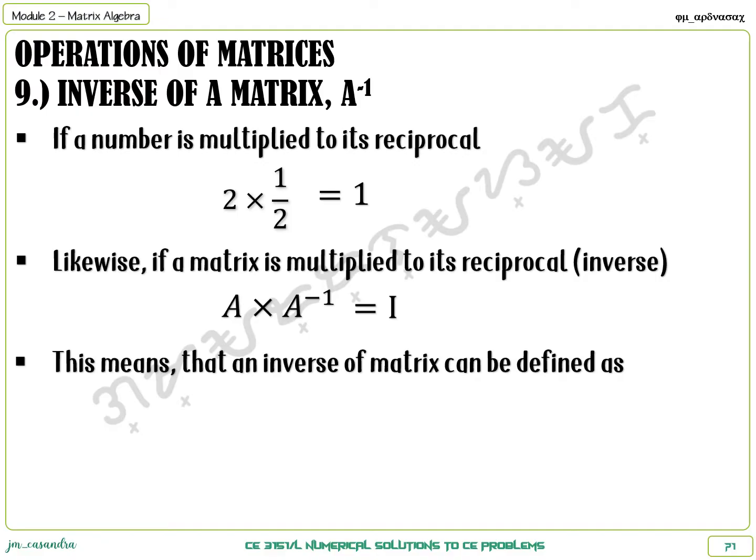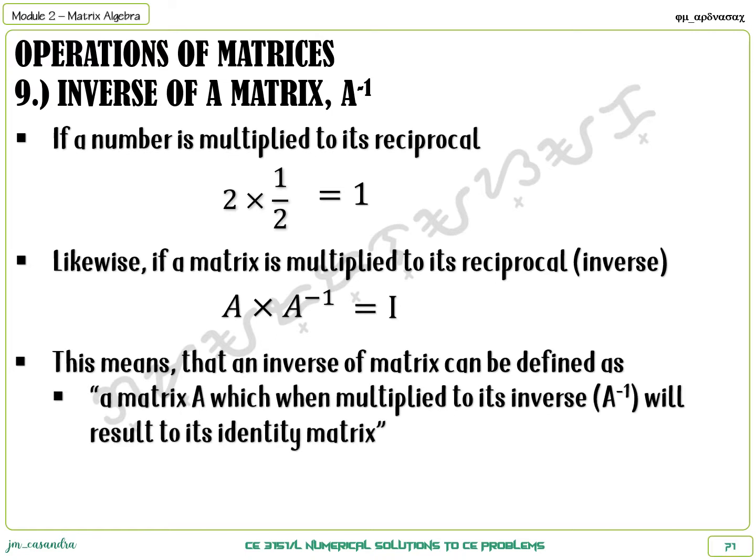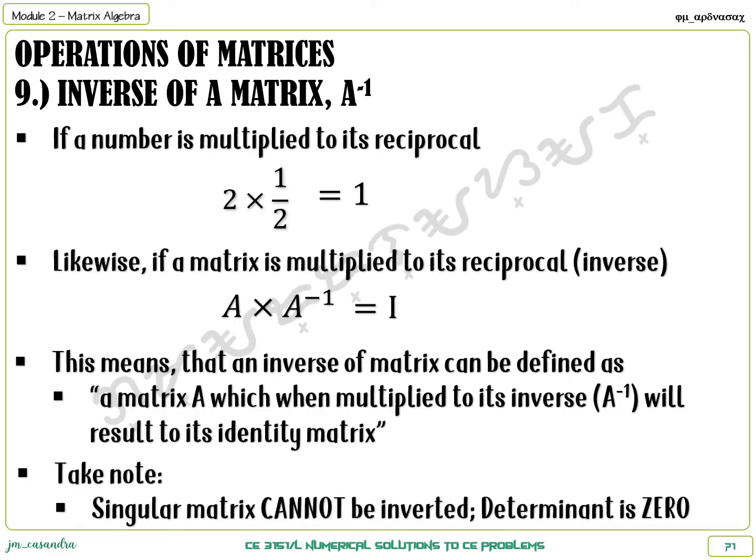This means that the inverse of a matrix can be defined simply as the matrix which, when multiplied to the original matrix, will result in the identity. Take note that singular matrices cannot be inverted since the determinant is equal to 0.